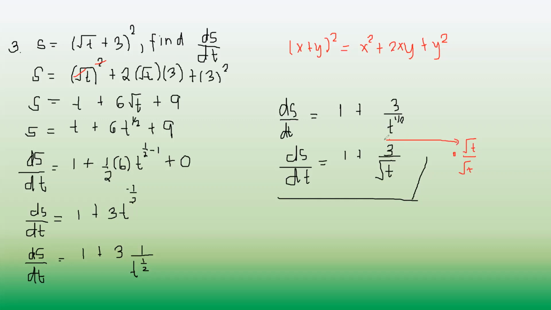Kaya yung ds over dt mo, pwede rin siya i-rewrite as 1 plus 3 square root of t over t, by square root of t times square root of t, gano'n ang square root ng t squared or simply t. This is ds over dt.